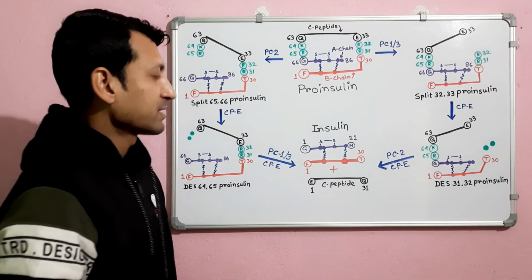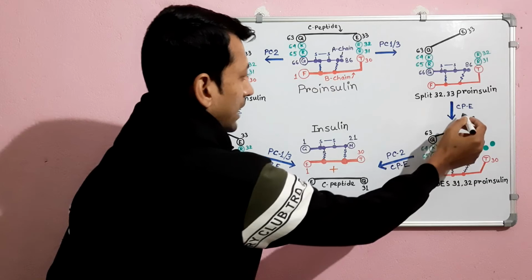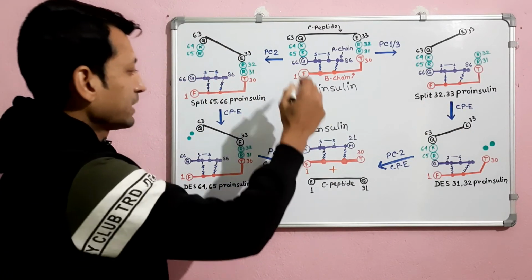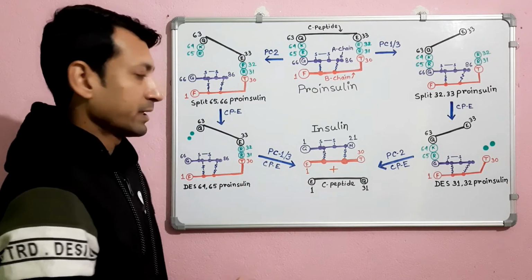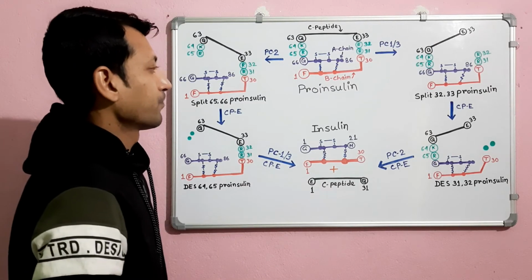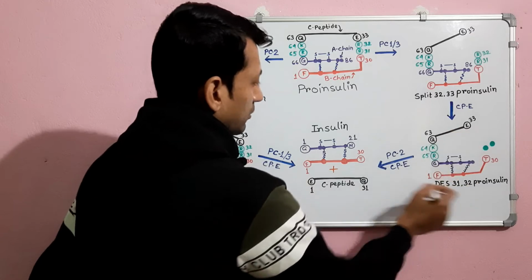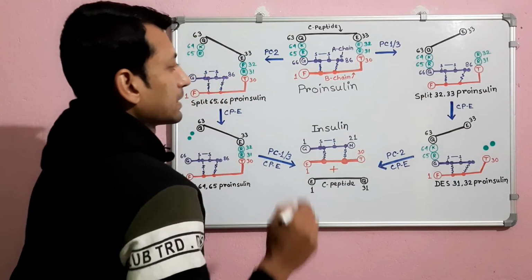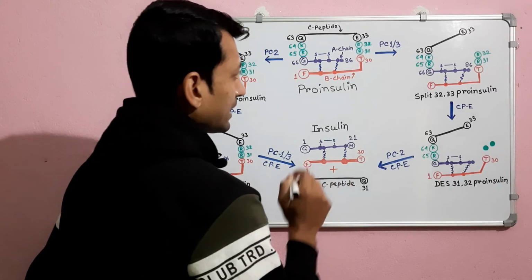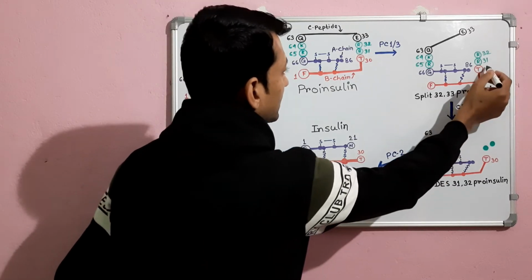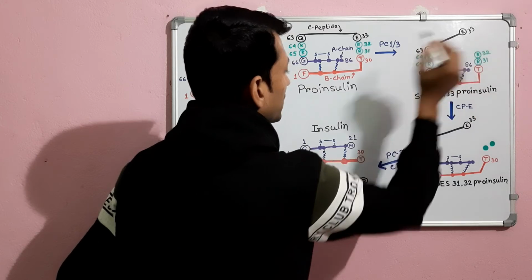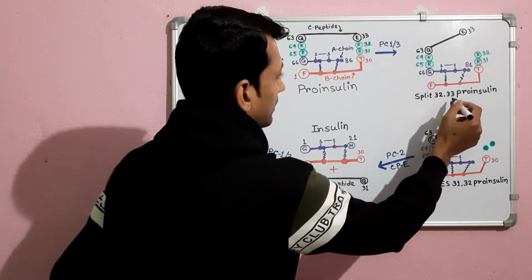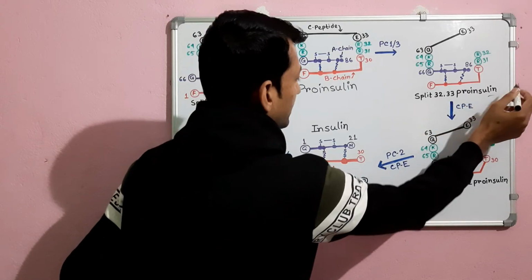And the exopeptidase is carboxypeptidase E. Now this proteolytic conversion may occur in two pathways. In this pathway, prohormone convertase 1 or 3 cleaves on the carboxylic side of arginine 31, arginine 32 position. As a result, split 32-33 proinsulin is formed.